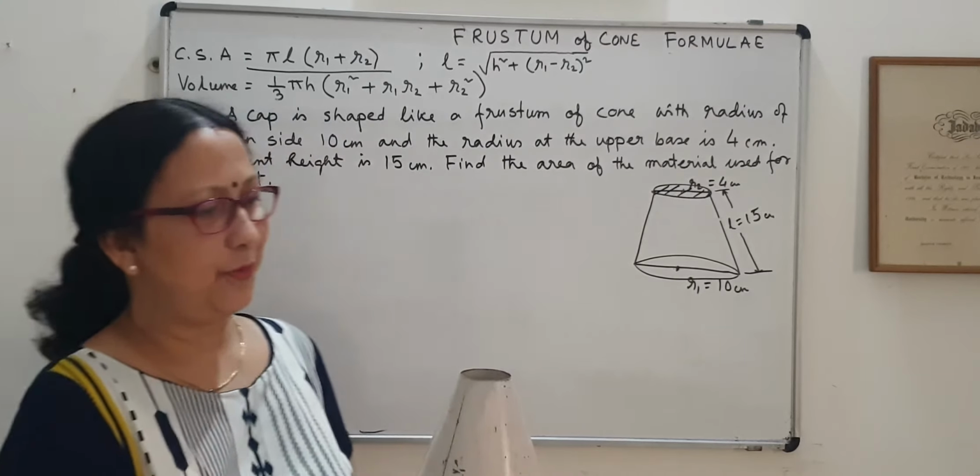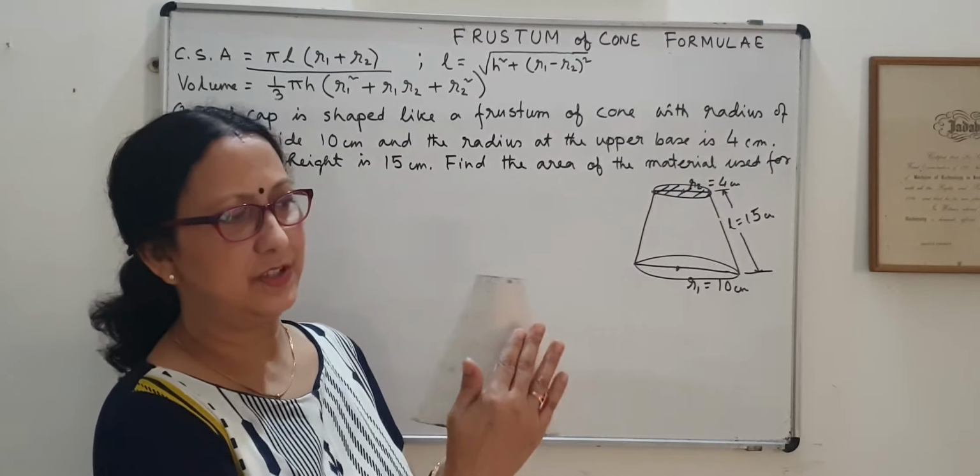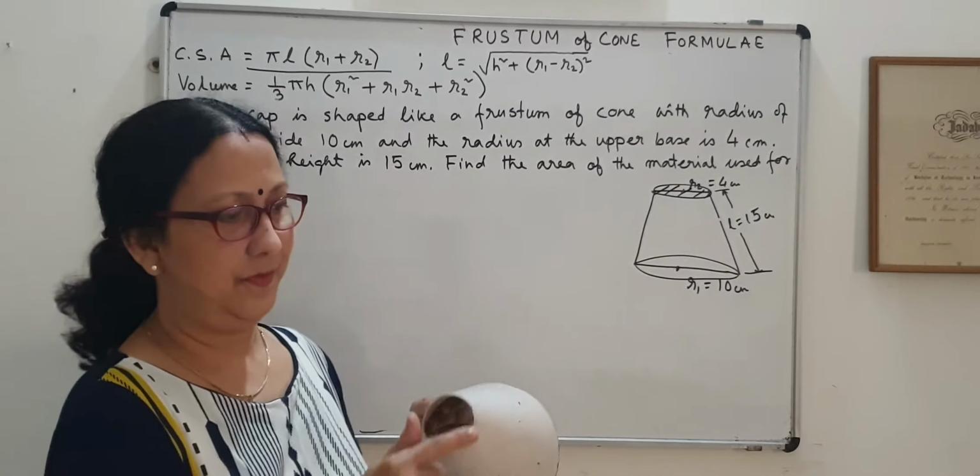Okay. So now, what will be the area of the material used? The area of the material used will be the curved surface area of this frustum plus this top circular base.